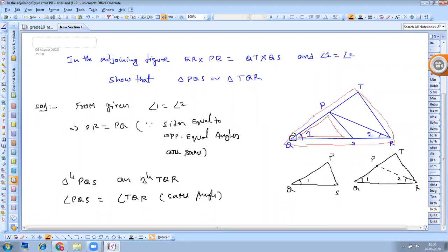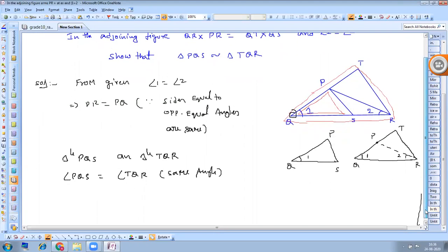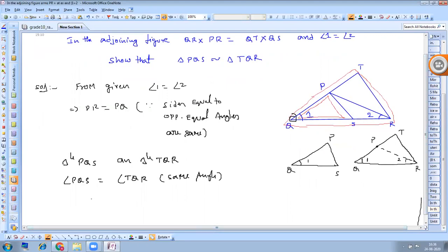The next one is, what is the one more given data other than angles? QR into PR will be equal to QT into PS.